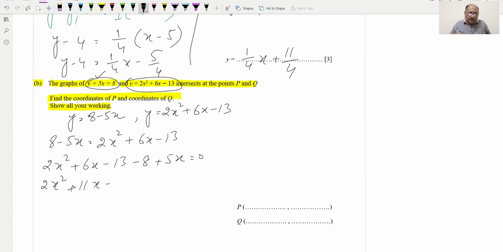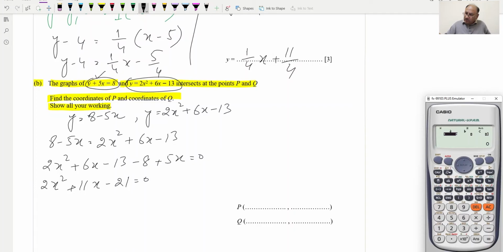Now we can solve the quadratic equation, taking the hint from here. So coefficient of x squared is 2, coefficient of x is 11, and constant value is minus 21.